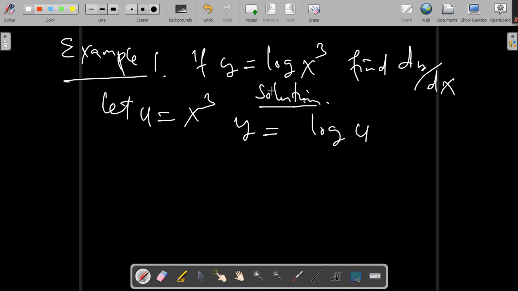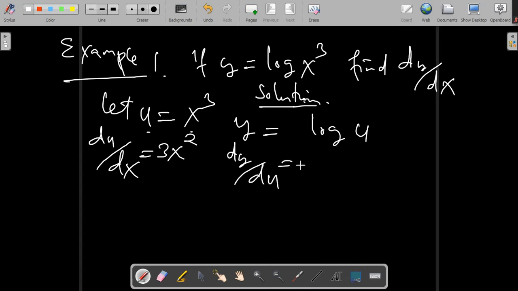Now let's differentiate. We differentiate du with respect to dx for this function, which gives 3 times x to the power 3 minus 1, which is 2. So it will be 3x squared. Now we apply the derivative of y with respect to u from log u, which gives 1 over u.